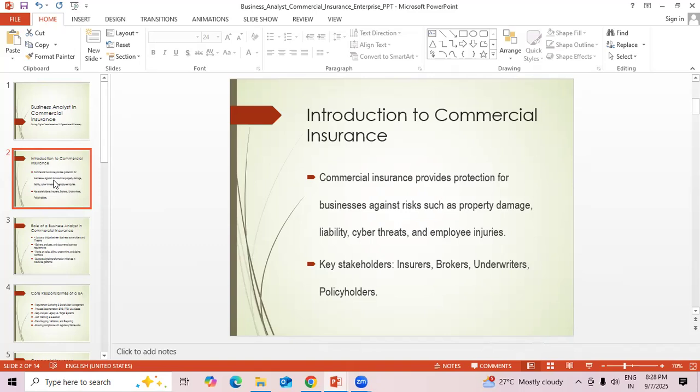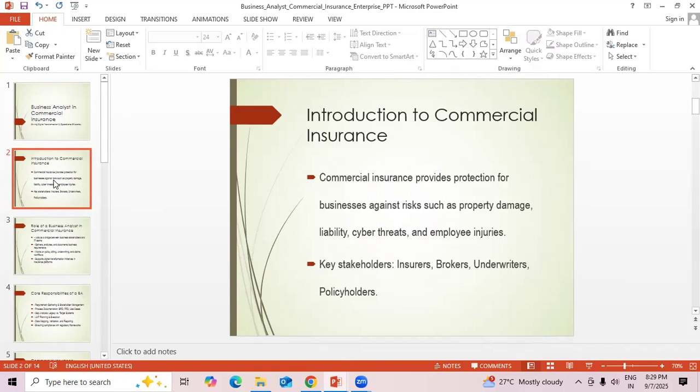So this market is larger in the property and casualty insurance domain. Of course, other areas are also large, but this is more compared to other areas. That's the motive behind conducting a session exclusively on business analysis in commercial insurance.